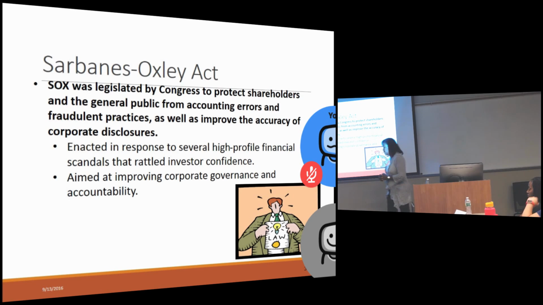For their inspections covering, I think, the period of 2010 to 2013, one of the things they wanted to highlight was what they believe to be deficiencies in the audits over internal controls for financial reporting.